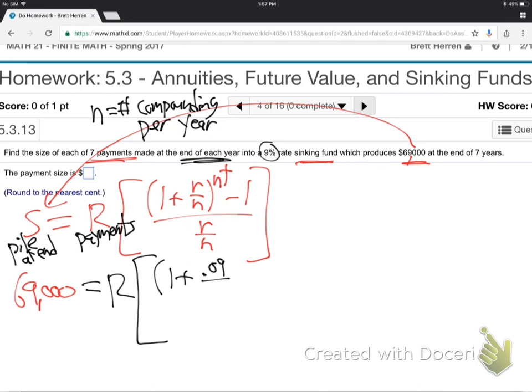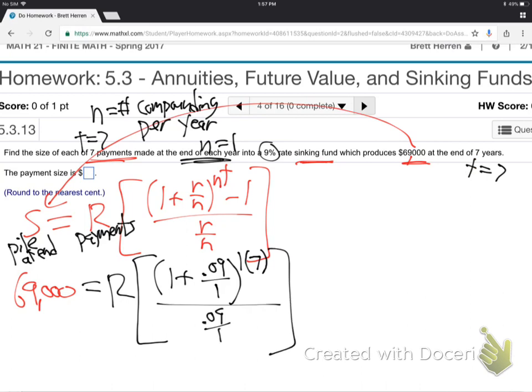End of each year, N is 1. They're not doing it twice a year, or 4 times a year. They're making the payment once a year. N is 1. And we're doing it for 7 years. T is 7 years. 7 payments at the end of 7 years. So R over N, 0.09 over 1. There it is.